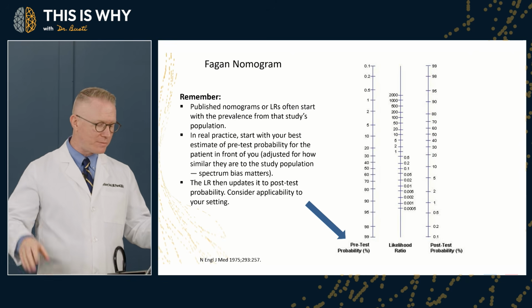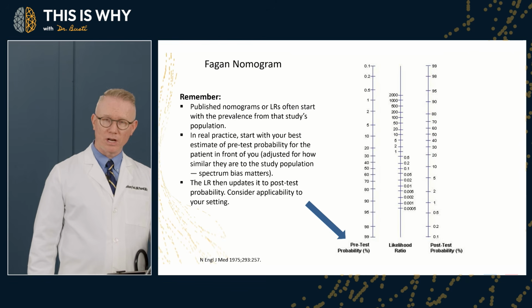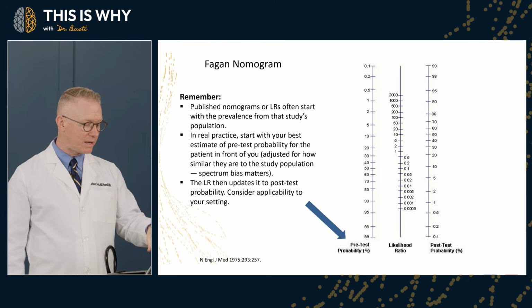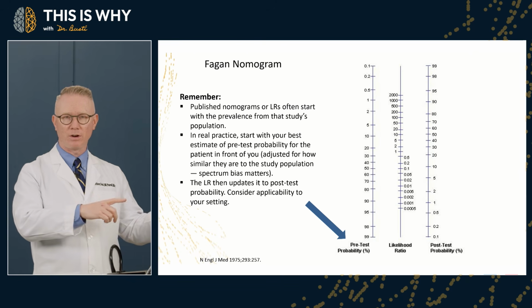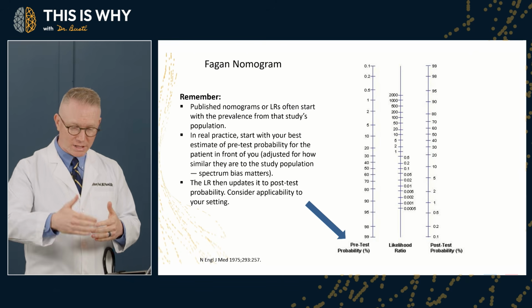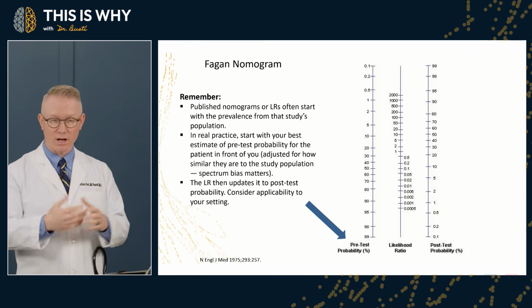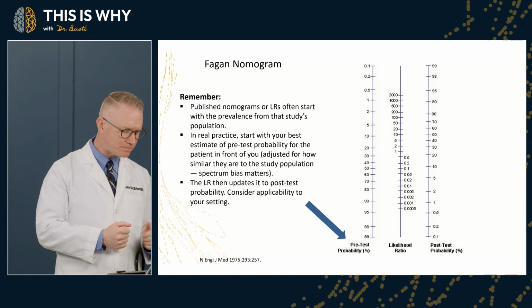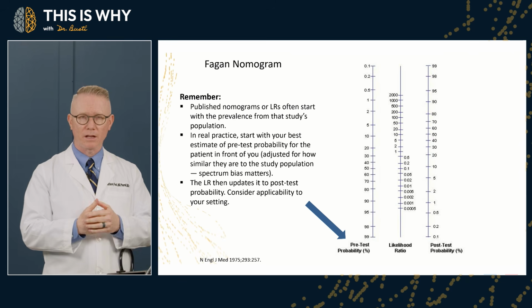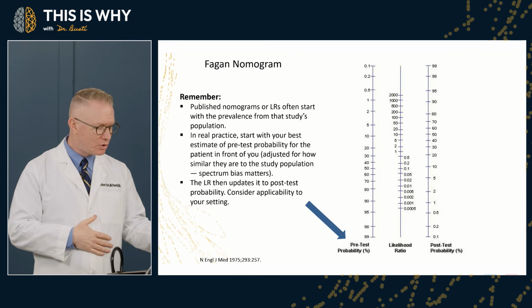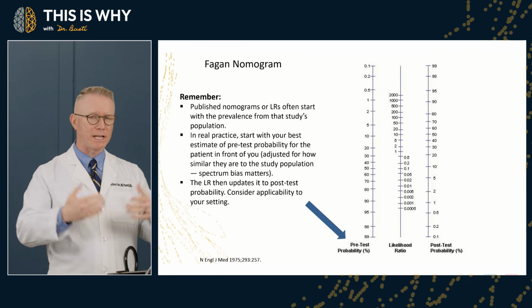Now, the nomograms here, when they generate an LR, they're basing it on the study's population. And that's why, again, going back to what I said earlier, you'll see different LRs for different studies on a diagnostic test. But in real practice, in the clinic or in the hospital, you start with your best estimate of the pretest probability.